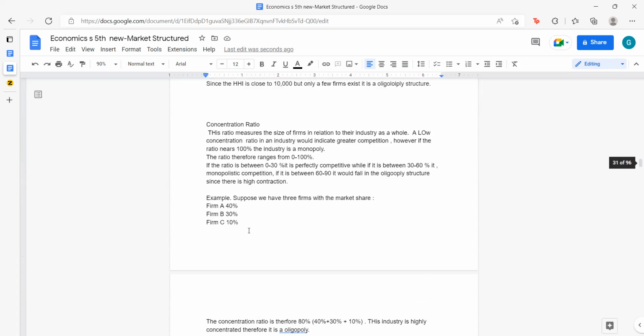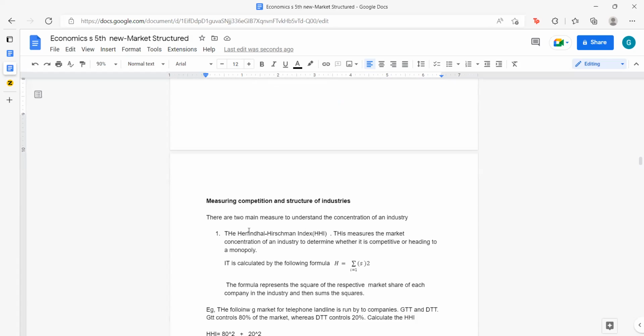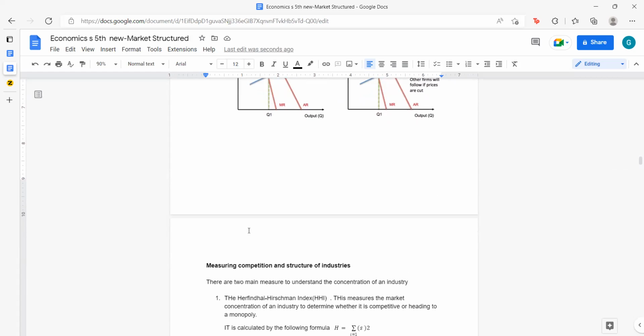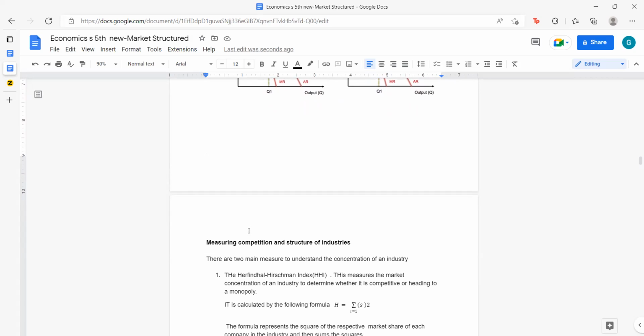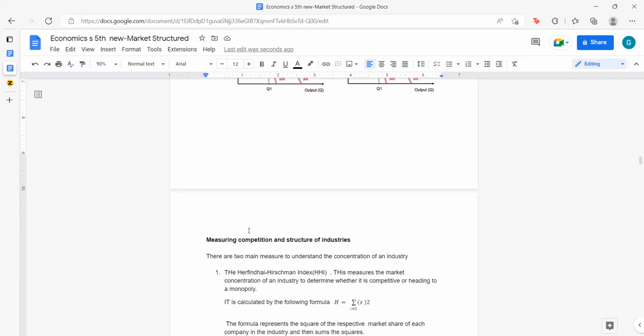Yeah, monopolistic competition is there. However, I want to highlight another subtopic that we can do today, which is measuring the competition in the industries. And it'll be very applicable to the oligopoly and the monopolistic competition as we are to do, right?